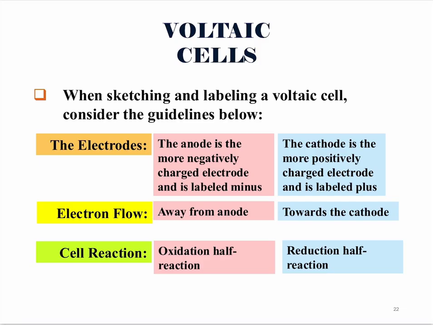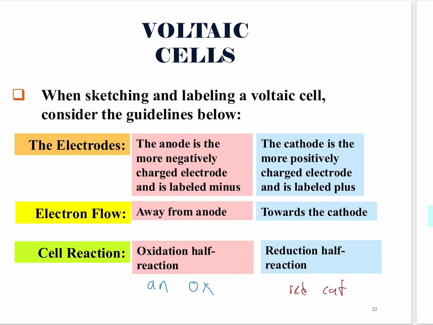Electron flow happens away from the anode towards the cathode. Oxidation happens at the anode, and the reduction half reaction happens at the cathode. So again, I'm going to put red cat here and ox.